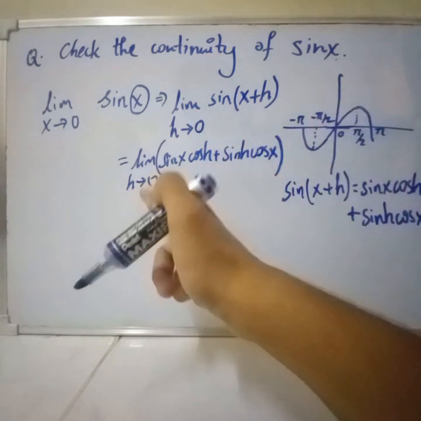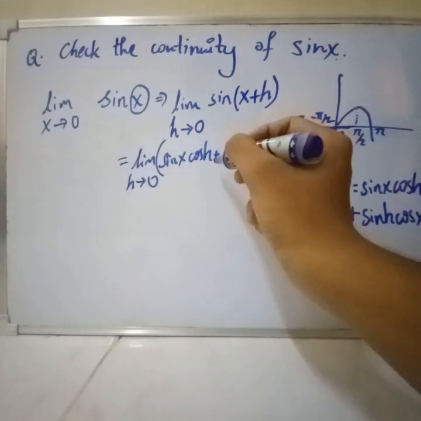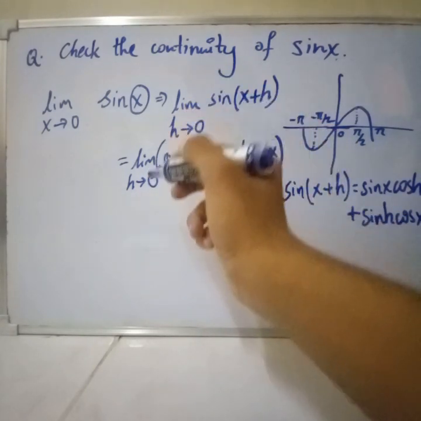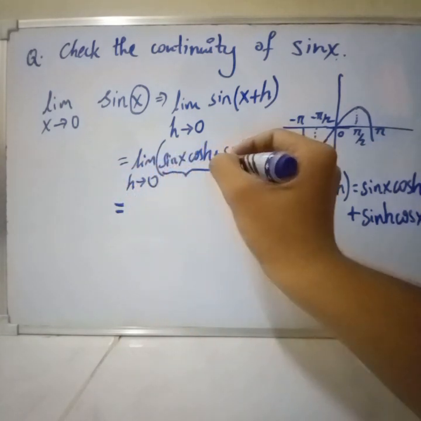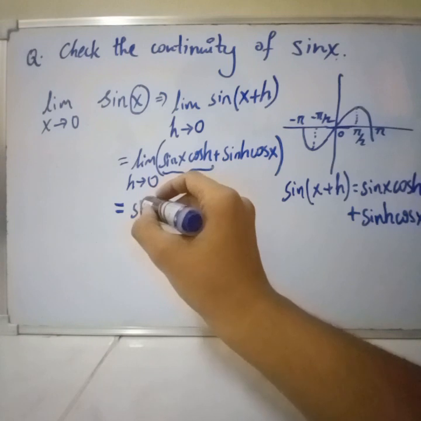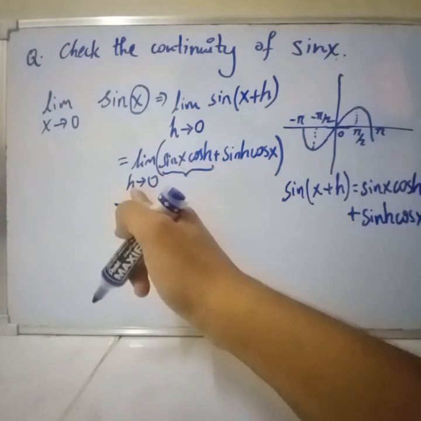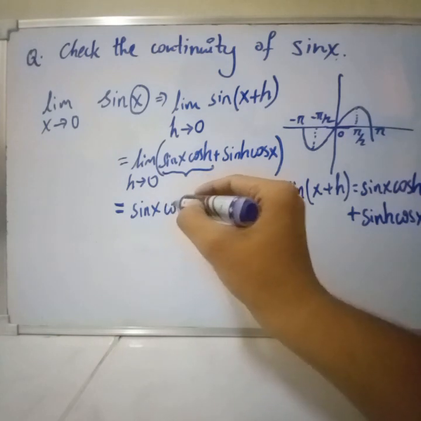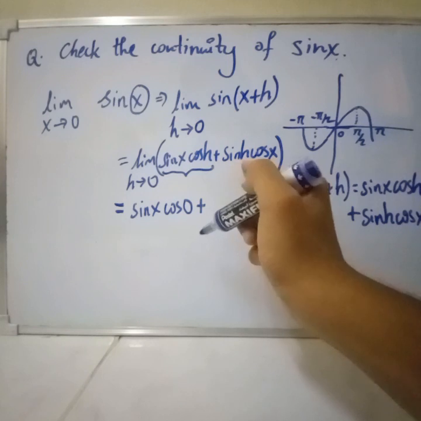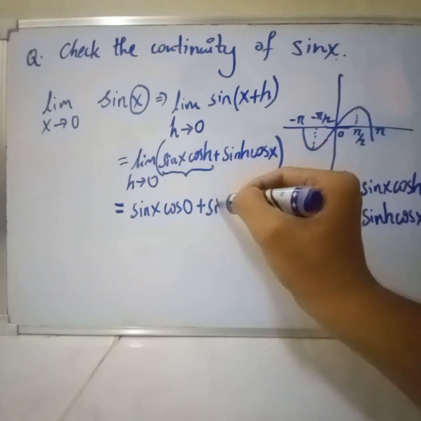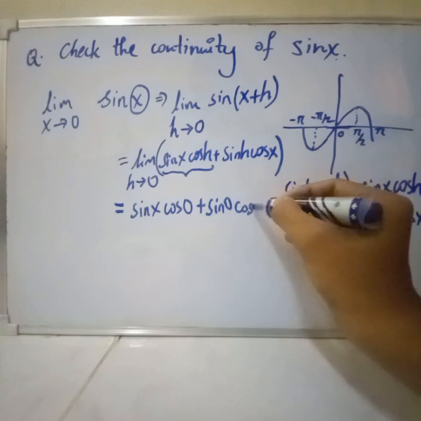So now we can take the limit inside, because you can separate the limit for addition, subtraction, anything. So for the first one, when we take the limit, it will be sine x. We don't have a limit for x, we have a limit for h only. So it will be cos 0, plus sine h, which will be sine 0, because instead of h it will be 0, and cos x, since we don't have a limit for x.